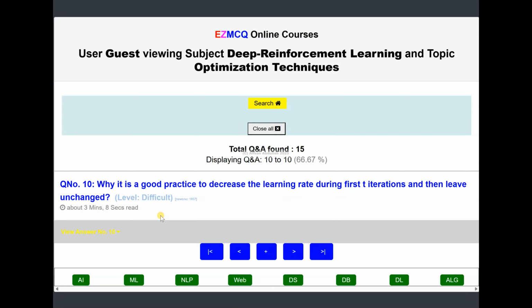So we start with section 6D of the optimization techniques. We are looking at the techniques so that we can improve the performance and the time and other parameters for reinforcement learning and deep learning. So the question is why it is a good practice to decrease the learning rate during the first T iterations and then leave it unchanged.